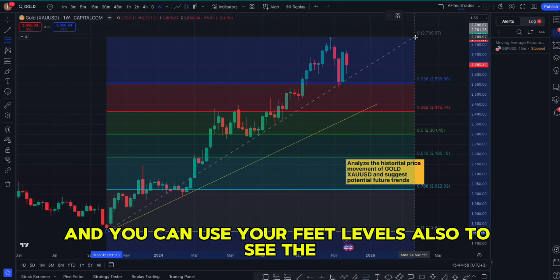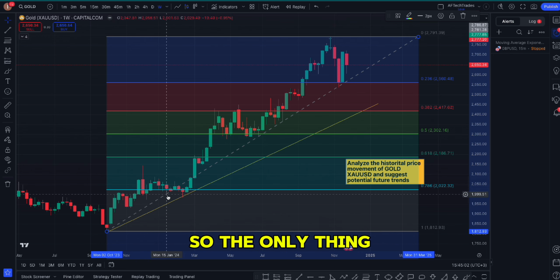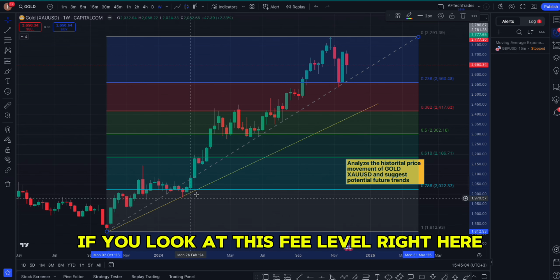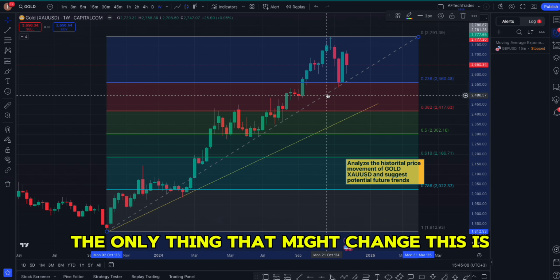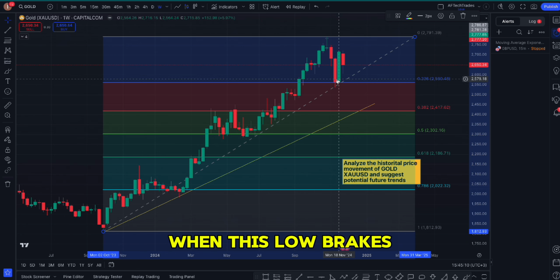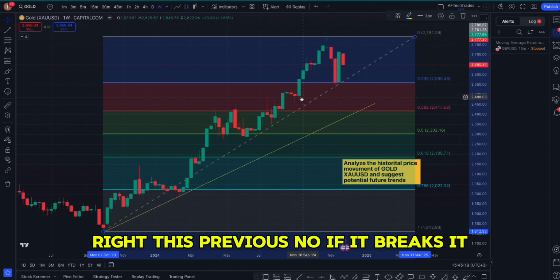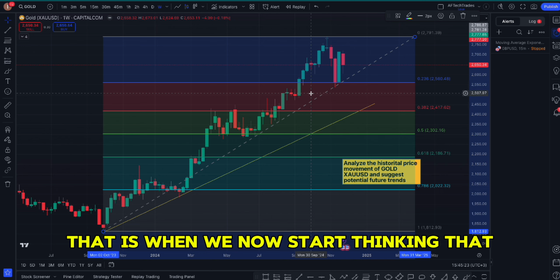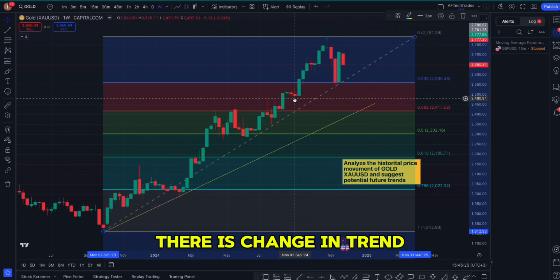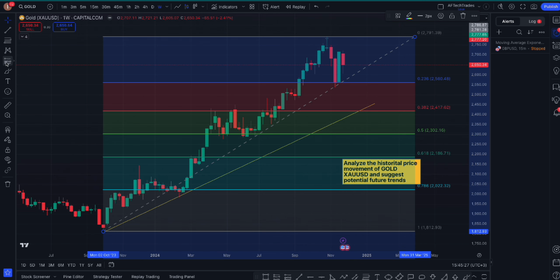And you can use your fib levels also. So if you look at this fib level right here, the only thing that might change this is when this candlestick breaks this previous low. If it breaks it, that is when we will start thinking that there is change in trend.